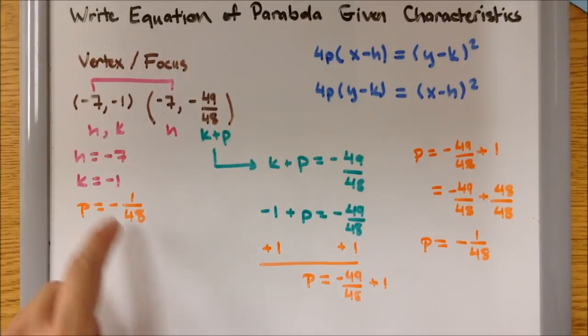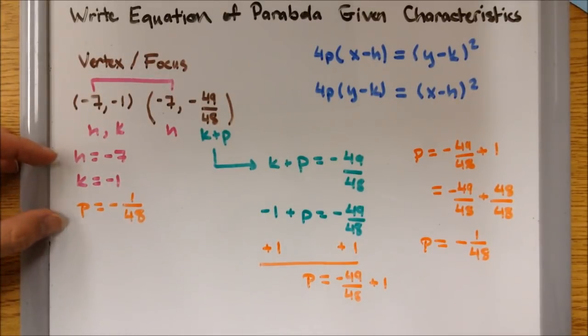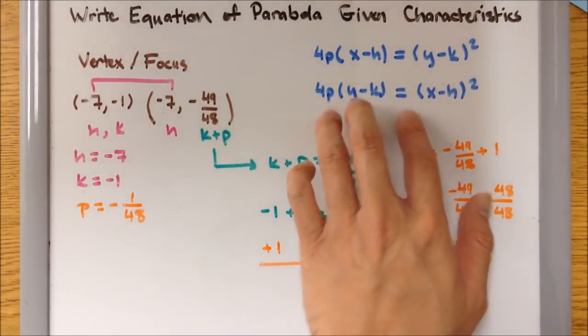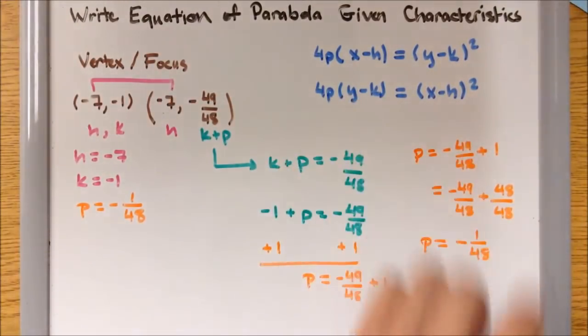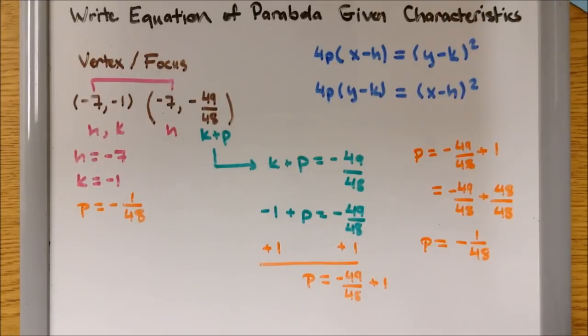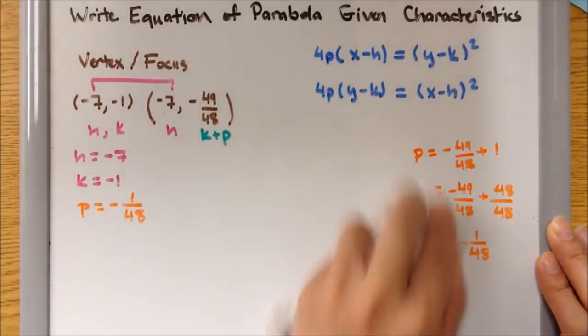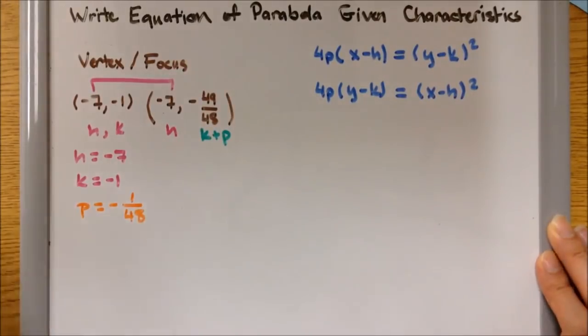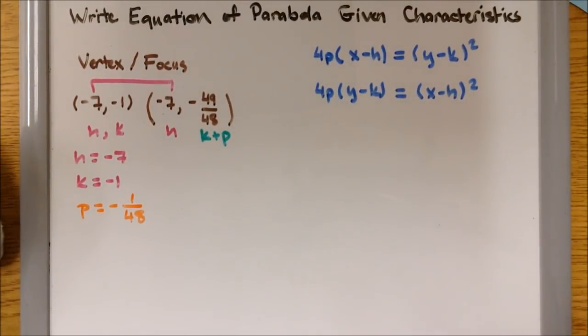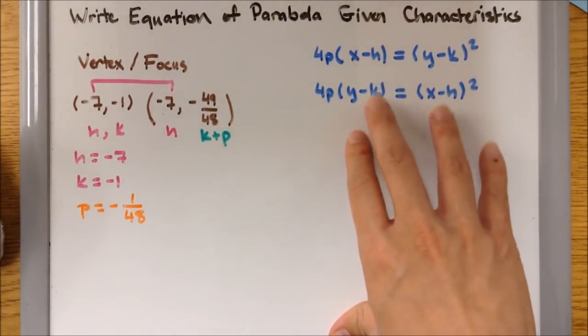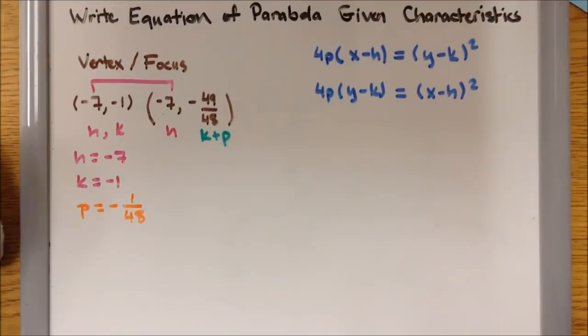Alright, once I get my p value and I see that I have h, k, and p, all I'm going to do is plug into this equation the values of p, k, and h. I'm going to erase to make more room. So the equation that we're going to use is the square on the x.